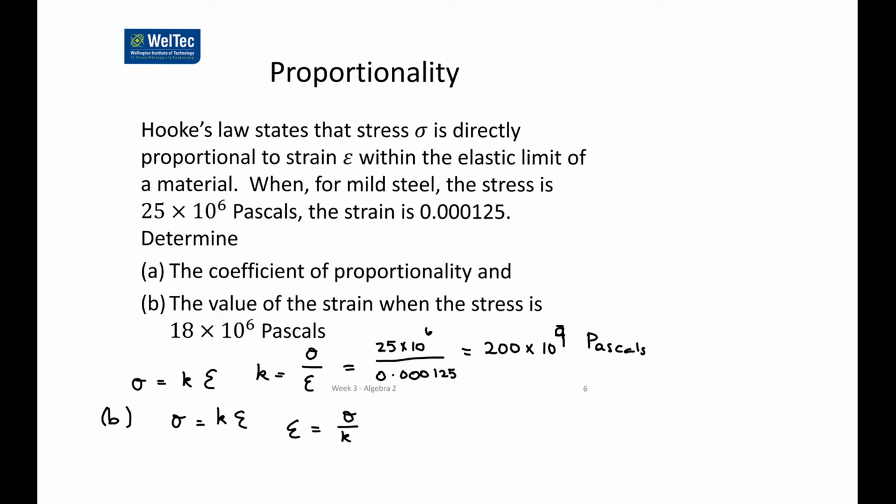You're told this time that the stress is 18 times 10 to the power of 6, so we could use the previous value of K and find that the strain is equal to 18 times 10 to the power of 6 over 200 times 10 to the power of 9.